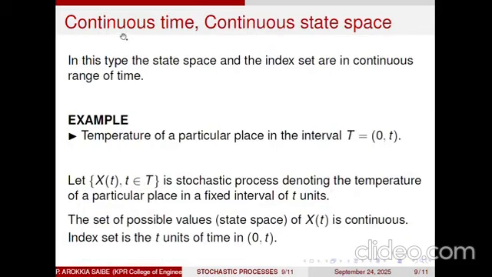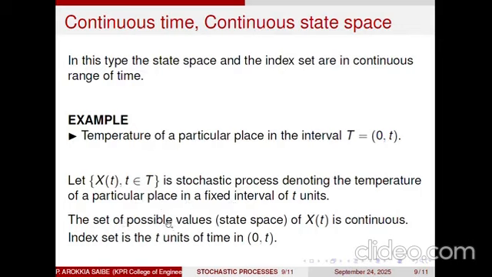Next type is continuous time with continuous state space. So in this type, the example is the temperature of a particular place in the interval 0, t units. So here the stochastic process denotes the temperature of a particular place in a fixed interval of t units.